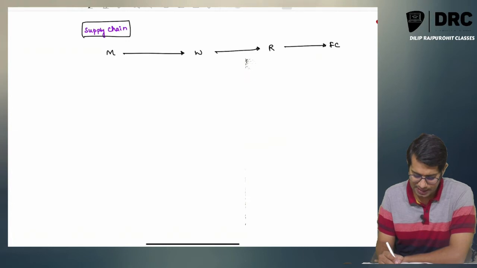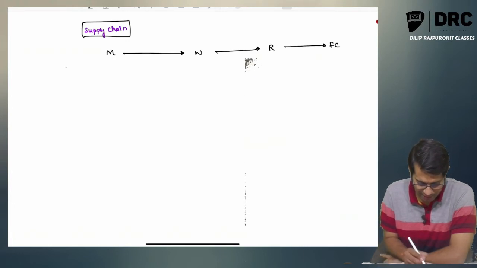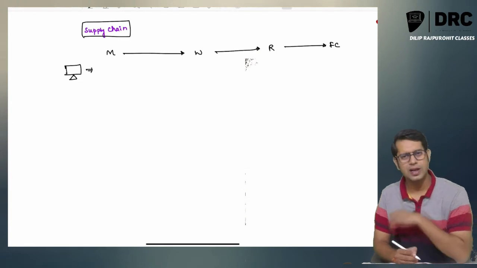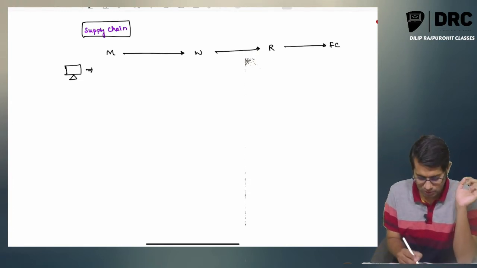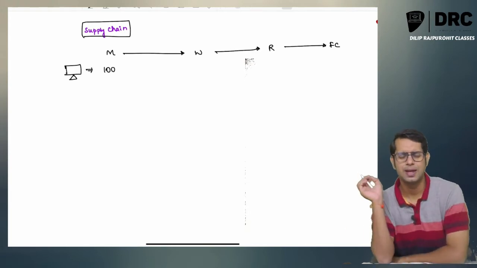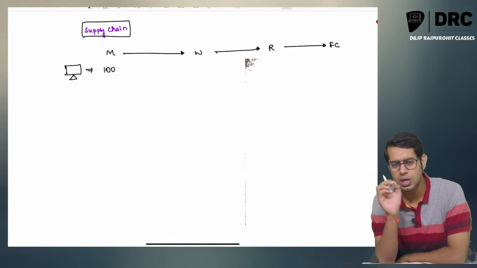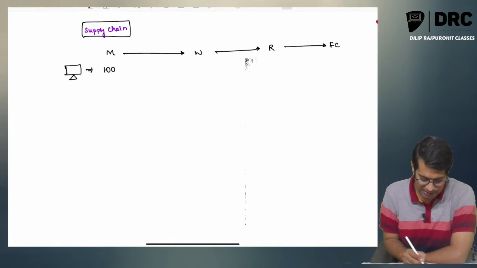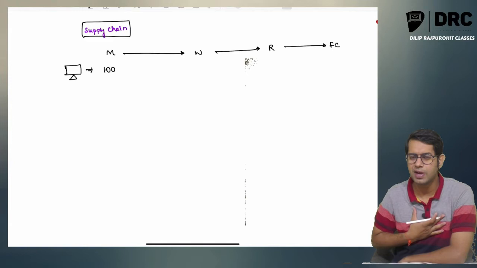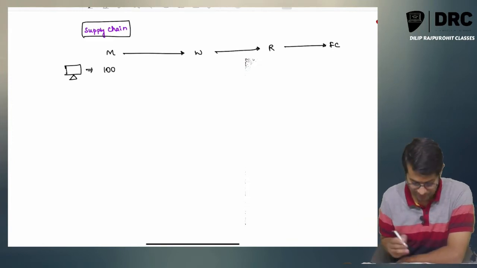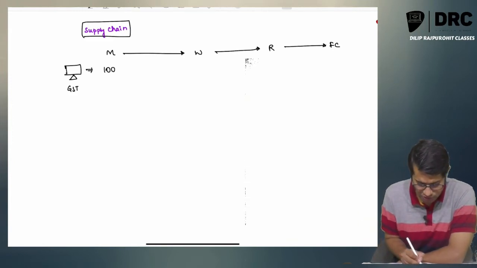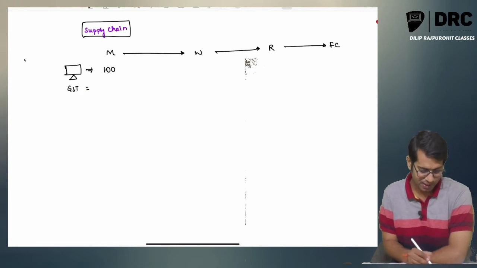Now let us take an example wherein the manufacturer is manufacturing a TV. Let us take a hypothetical example: the cost of manufacture of this TV for him is rupees 100. Because he is going to sell this TV, he has to pay a tax called GST. Now let us take the tax rate to be 10%.